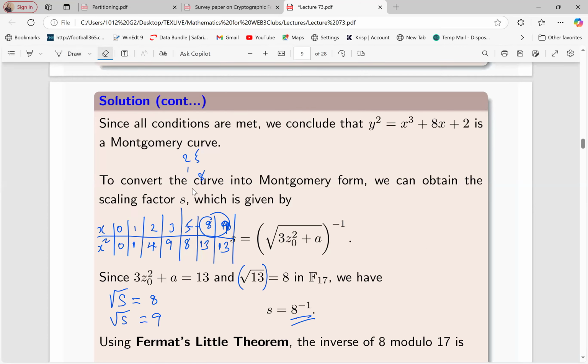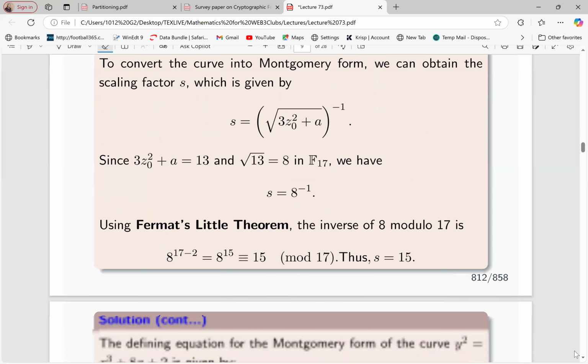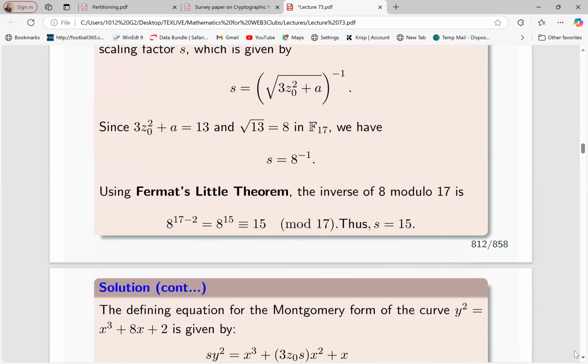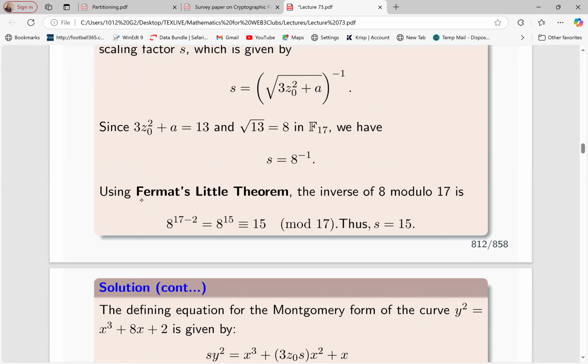Now, I don't want to go into details of finding this inverse. Of course, we can do that. Let me assume we find the inverse using the extended Euclidean algorithm. Of course, we can also do it using code, the Rust code. I was doing it using Fermat's Little theorem. You find that the inverse of 8 is 15.